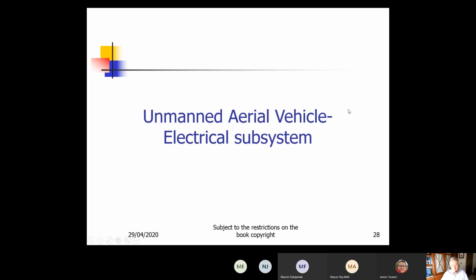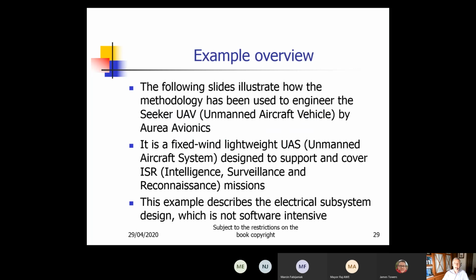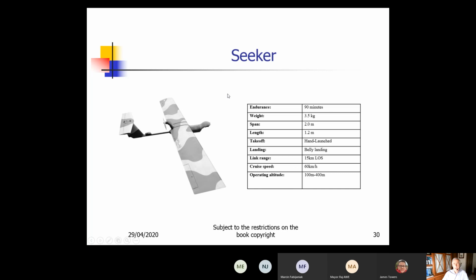I will explain, to finish, a sample developed by a Spanish company. I worked with them, teaching them the methodology and mentoring them to apply it. The example is an unmanned aircraft, fixed wing, used in intelligence and surveillance missions. This is the aircraft.